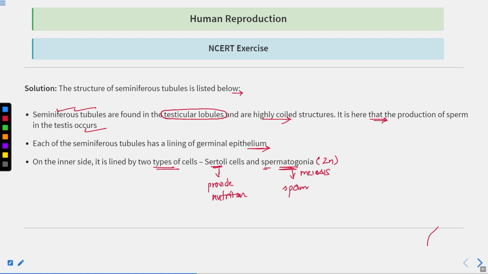So these cells are involved in spermatogenesis, or production of the sperms. We have already discussed the stages in spermatogenesis. First, from spermatogonia, primary spermatocytes are formed, then secondary spermatocytes are formed, then spermatozoa are formed.